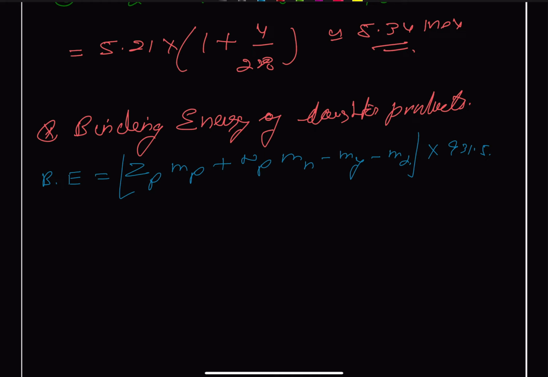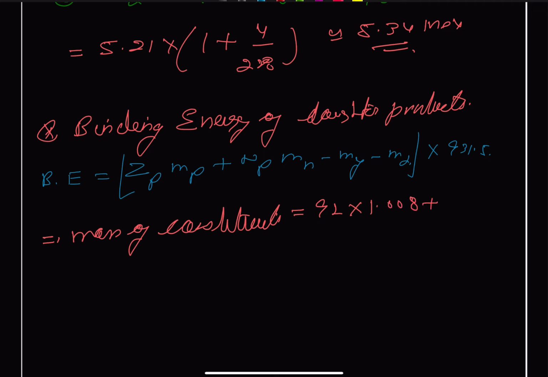So the mass of constituents will be equal to 92 multiplied by 1.008 plus 140 multiplied by 1.009, and this will give us 233.996.